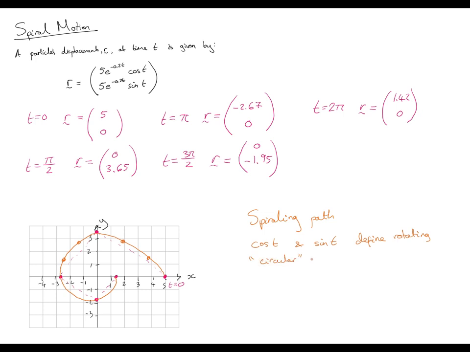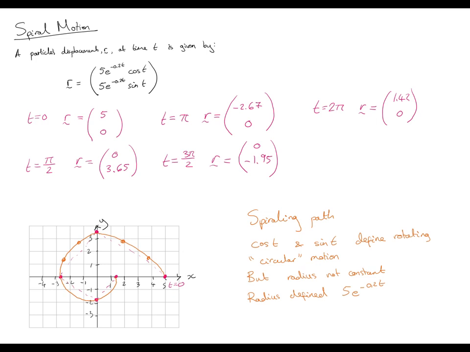We know it's not circular, but the radius of that circular path is not constant, because the radius is defined by well, this is our 5e to the minus 0.2t, so the radius of its path.